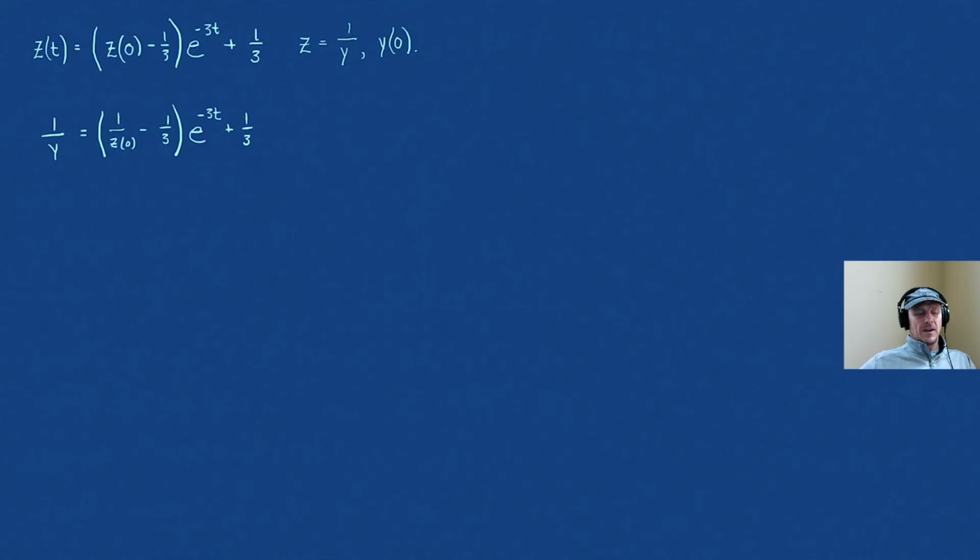And now let's just flip these two fractions. Or if you wanted, you could cross multiply, or you could multiply both sides by y and then multiply by 1 over what's on the right-hand side.